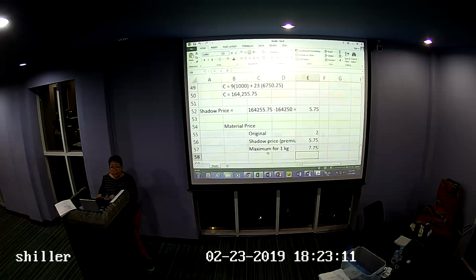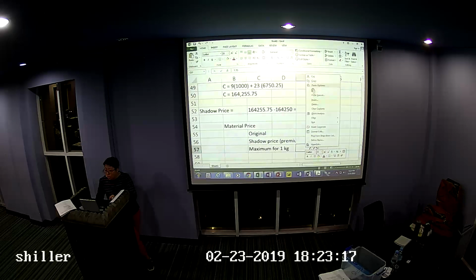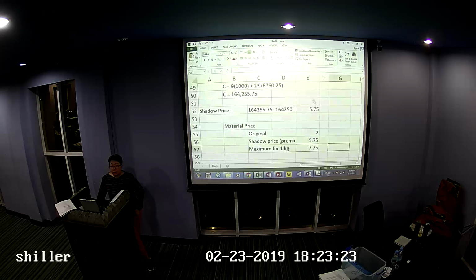You understand now? Yes? That is what shadow price is. Because with 1 kilo, you are able to increase contribution by 5.75. That is how much you can pay extra, because then you will just break even, correct? Yes, if you want 1 more kilo.